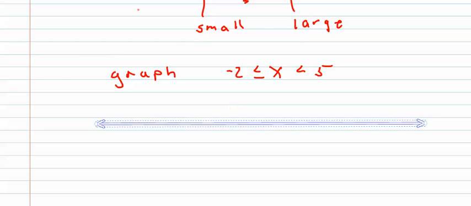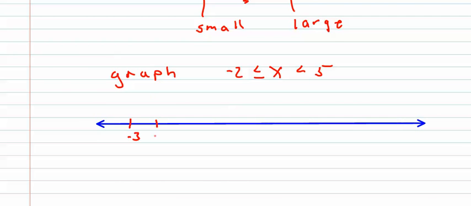All right? So if I said graph x between -2 and 5, less than or equal here, just less than there, then we'd go -3, -2, -1, 0, 4, 5, and 6.